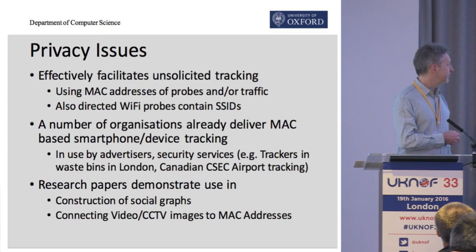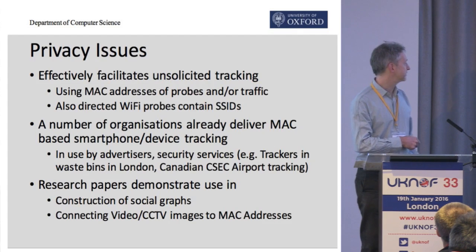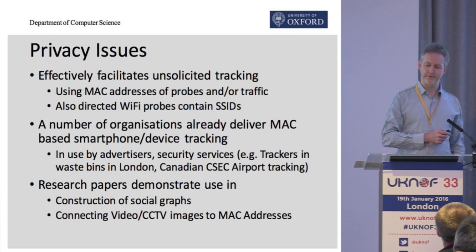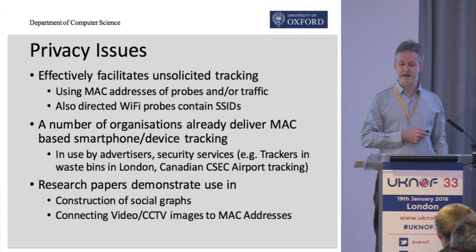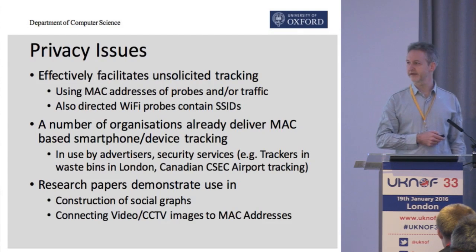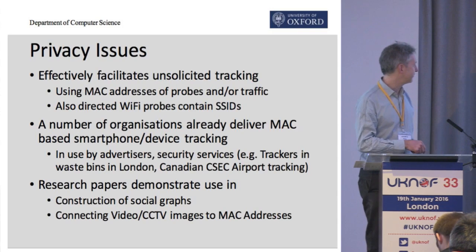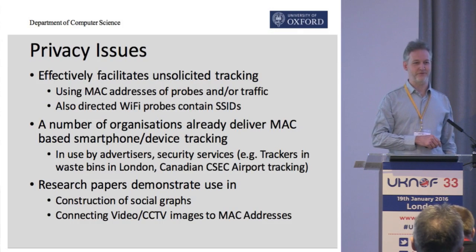This information is being used by a bunch of organizations already. Advertisers often get in there first to work out how one can track consumers, and then there are the retail analytics places, and you probably read about these trackers in dustbins around central London for a while.